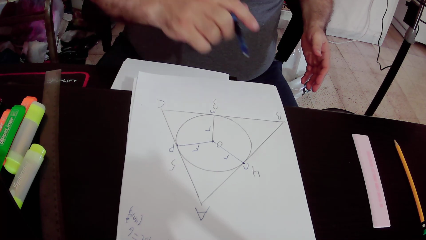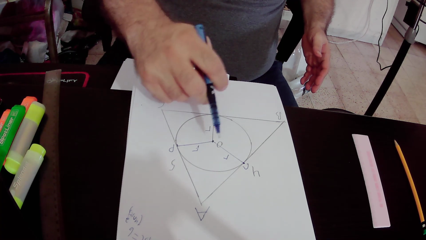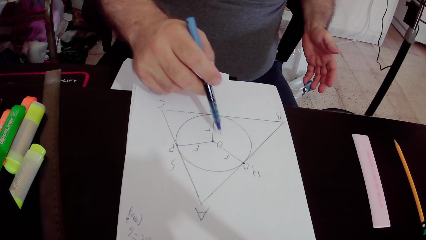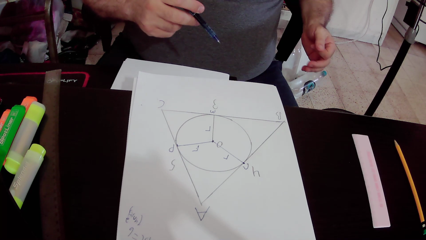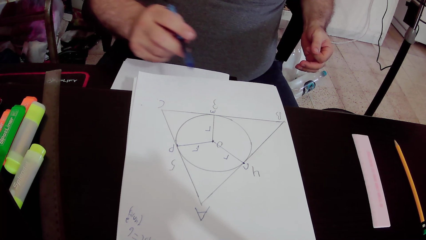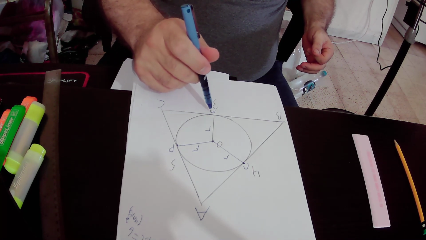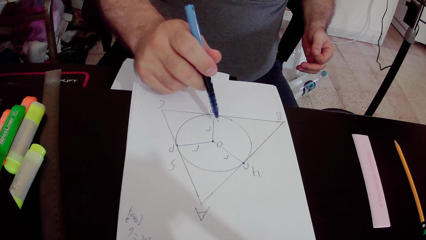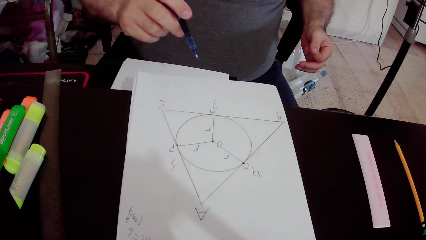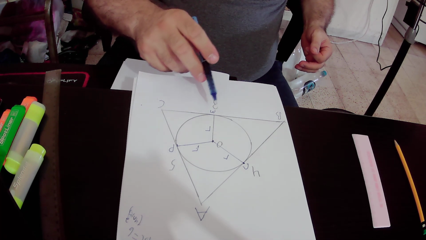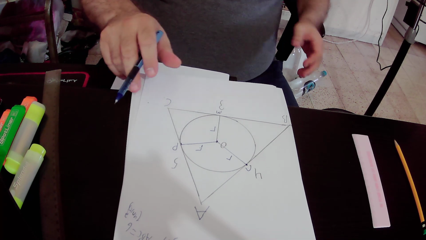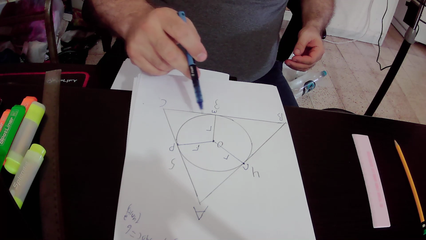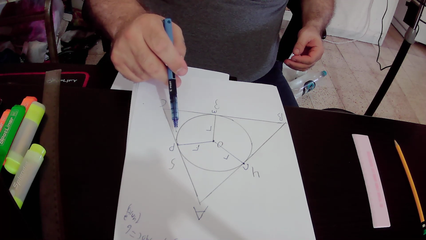Side AB of the triangle is tangent to the circle and also is tangent to the radius at point N. Side BC of the triangle is tangent to the circle and is also tangent to the radius at point M. And side AC of the triangle is tangent to the circle and to the radius OP at point P.